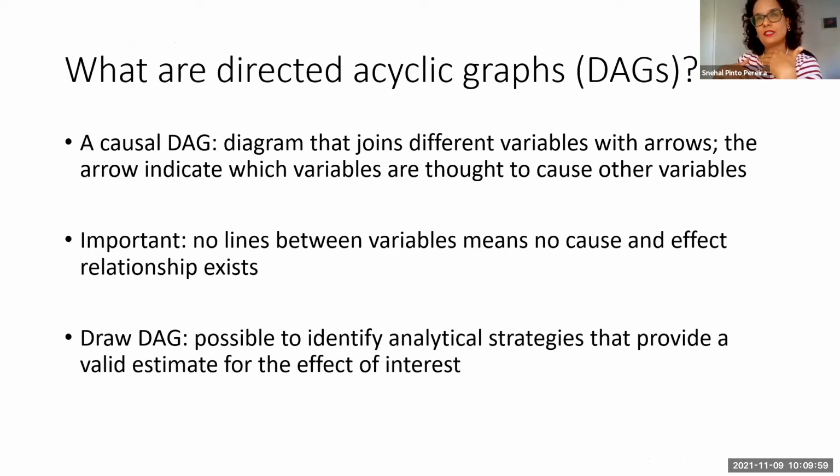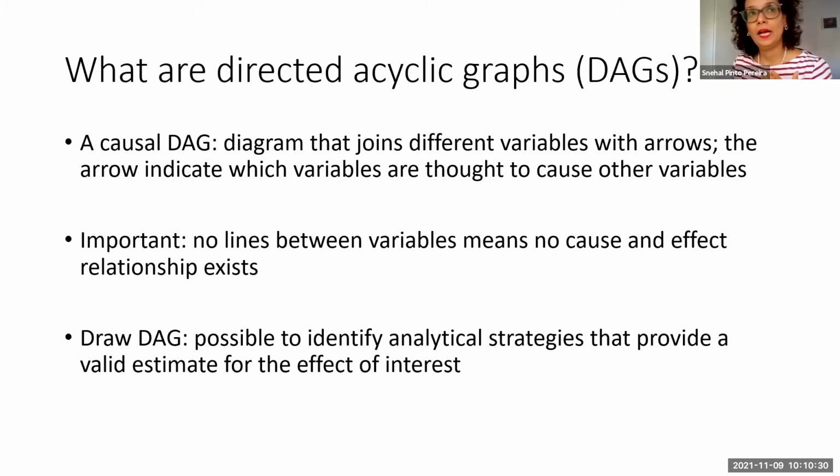But when you actually start doing causal inference methods, you're going to come across something called DAGs. DAGs is short for directed acyclic graphs, and they're really, really powerful diagrams. I'm going to give you a couple of examples of them on the next couple of slides. What these diagrams do is they join different variables with arrows, and the arrow indicates where you think there's a cause and an effect.